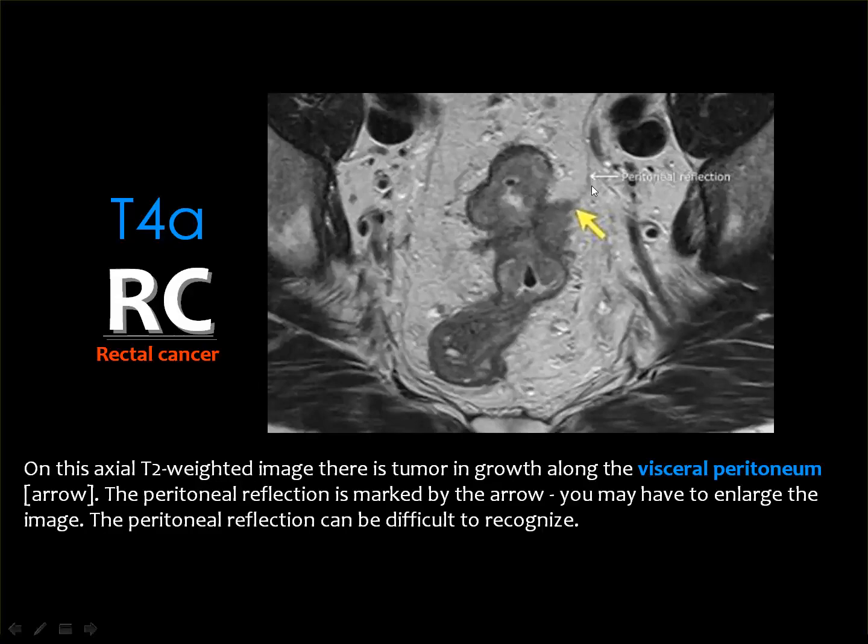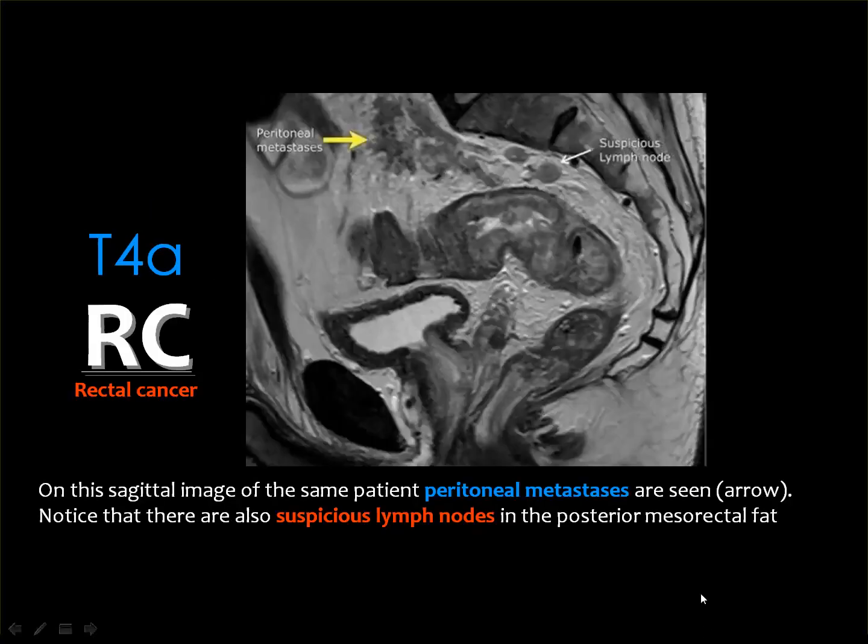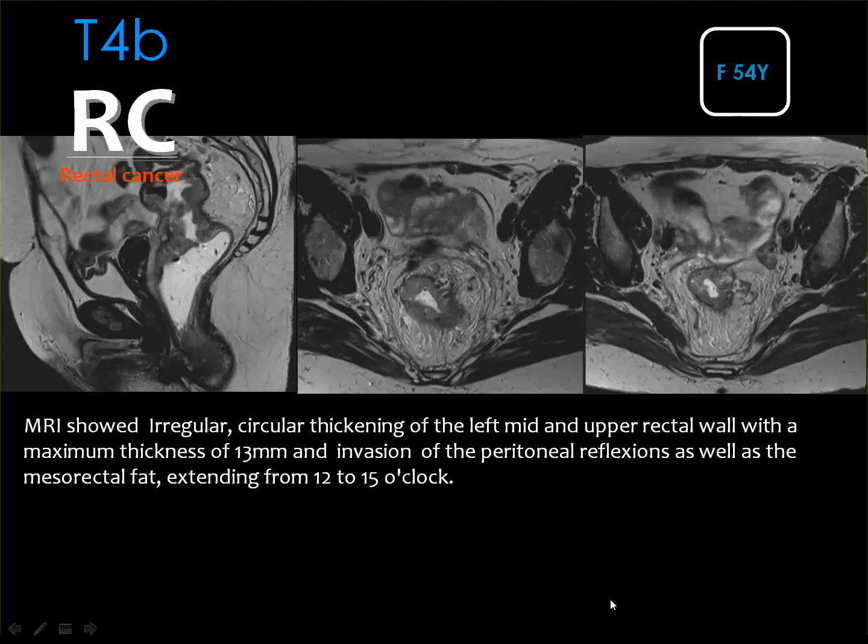Because it is thickened, being infiltrated by the tumor, and you know that invasion of the peritoneum means that you are dealing with T4a. Then another appearance of invasion of the peritoneum: you see these nodularities high away from the level of the urinary bladder, denoting peritoneal metastasis, and you also see presacral lymphadenopathy.